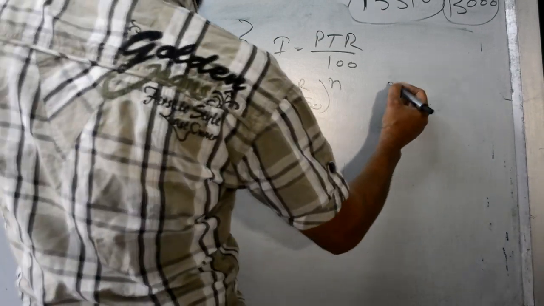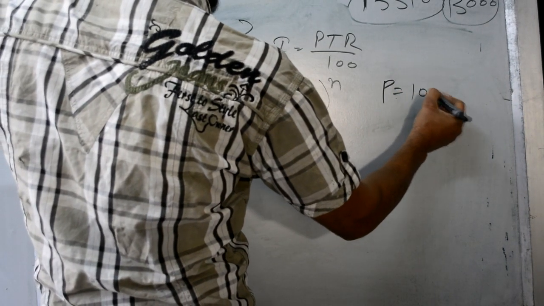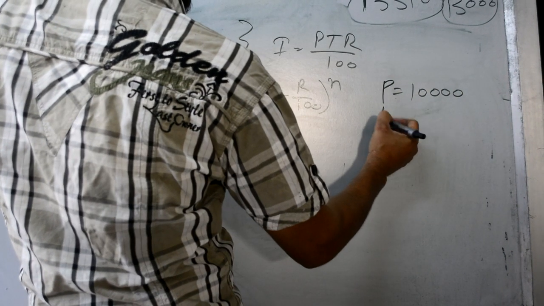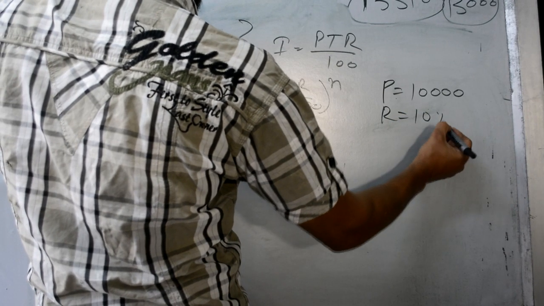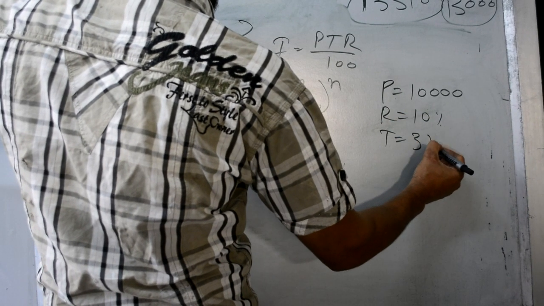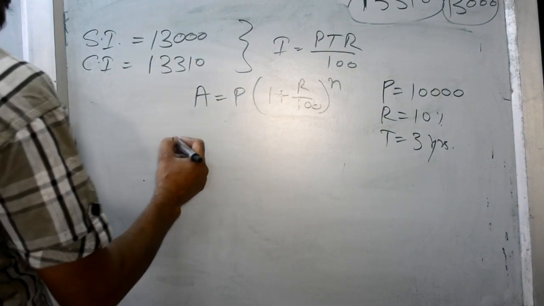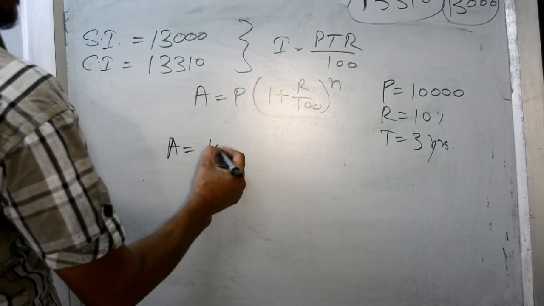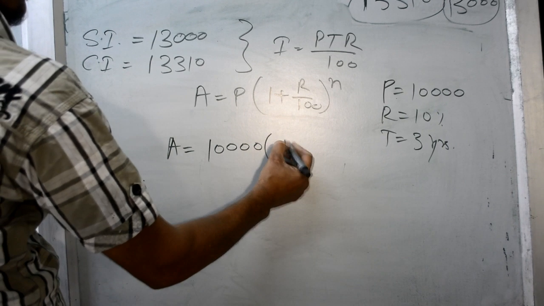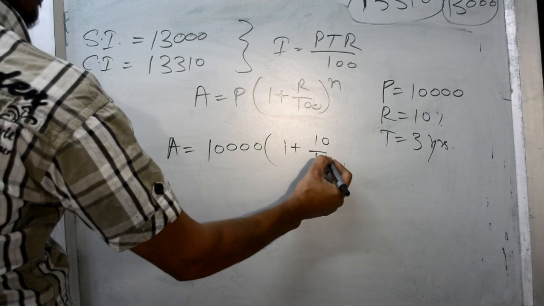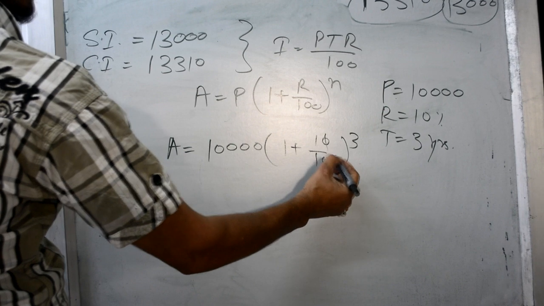As our principal was 10,000 rupees in the question, rate was 10%, and time was 3 years, I will put the same values in this formula. So amount is equal to principal 10,000 into 1 plus 10 upon 100 to the power 3.